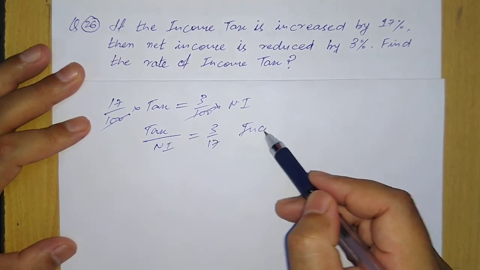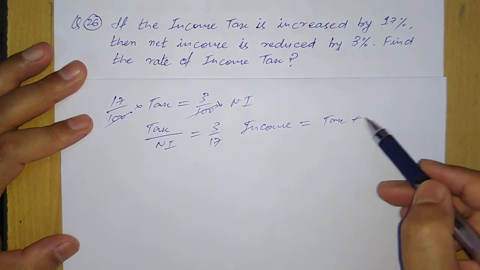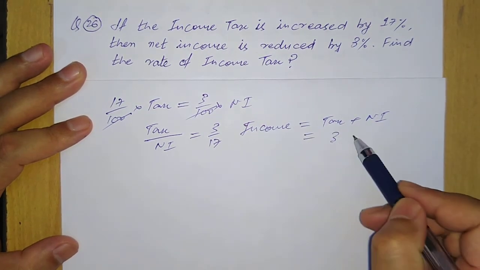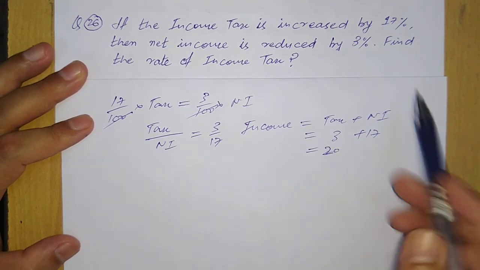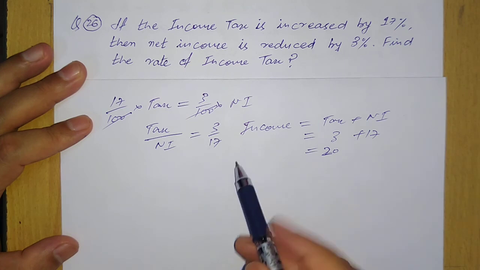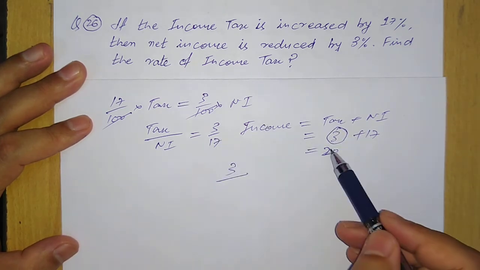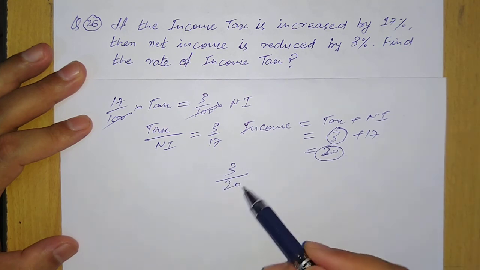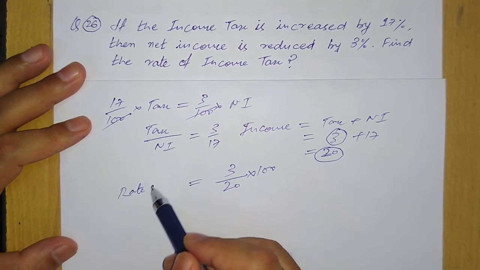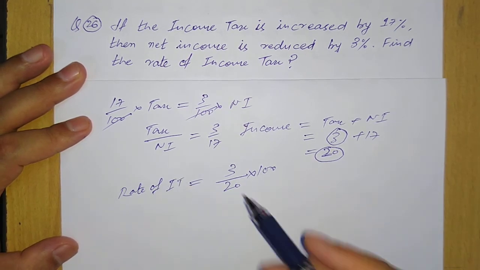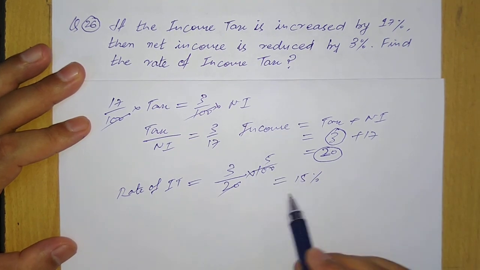So our income will be tax plus net income, 3 plus 17 is equal to 20. Find the rate of income tax. Tax is 3, income is 20. So 3 upon 20 into 100 will give us our rate of income tax. So 15% is our answer.